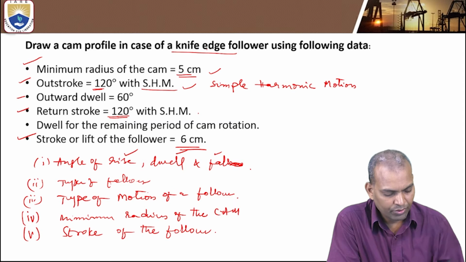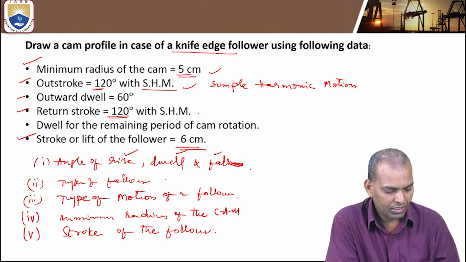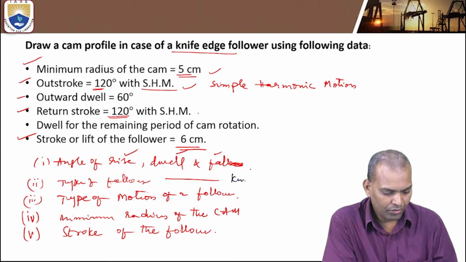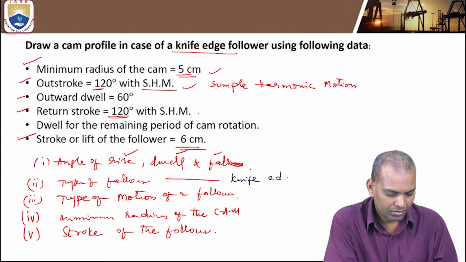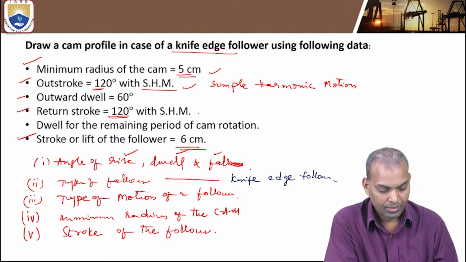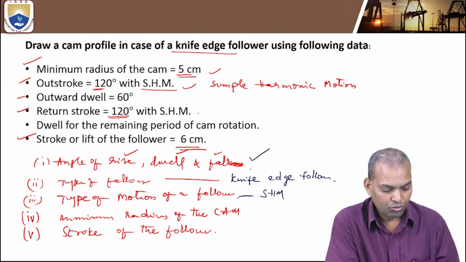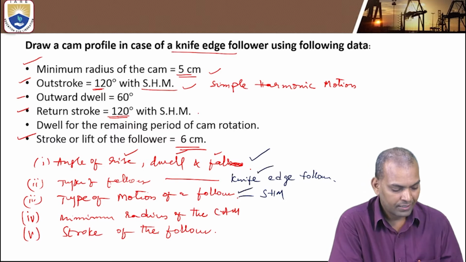It is a knife edge follower. And the type of motion of the follower is SHM, simple harmonic motion.